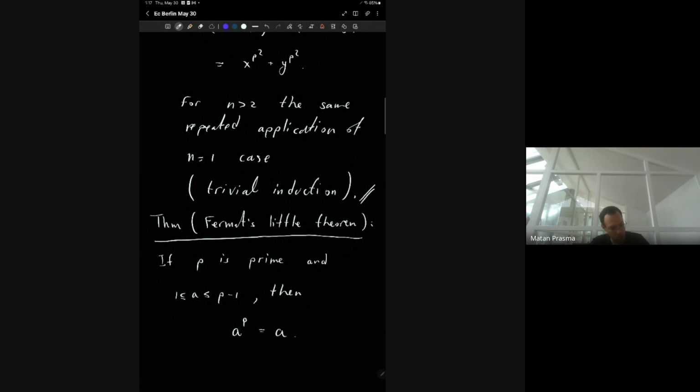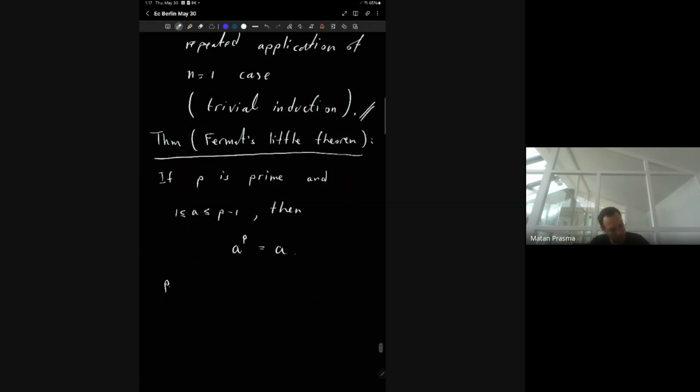Okay, so proof. By induction on A. If A is equal to 1, this is clear.